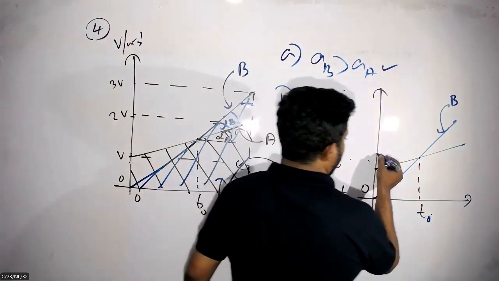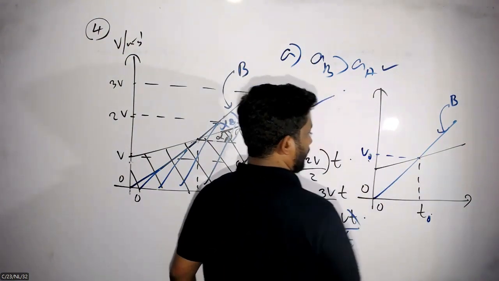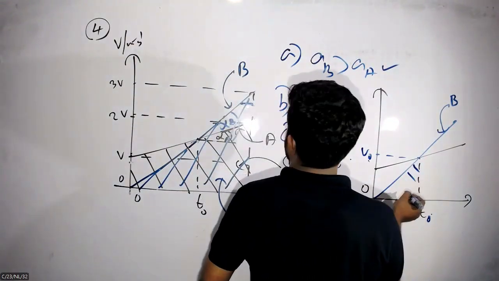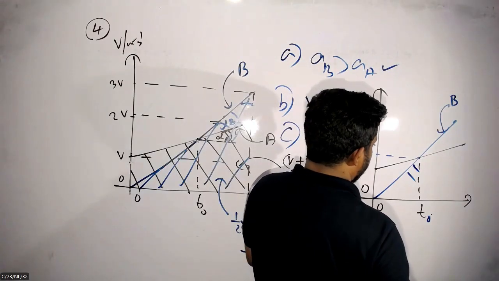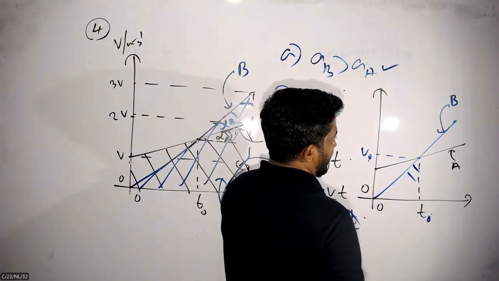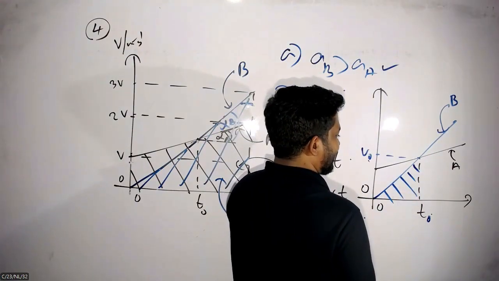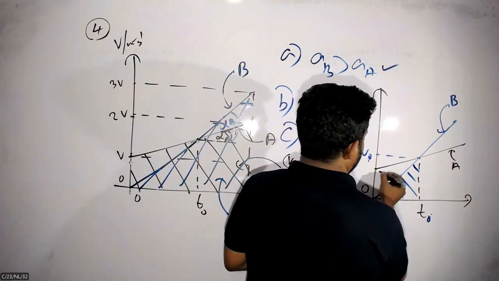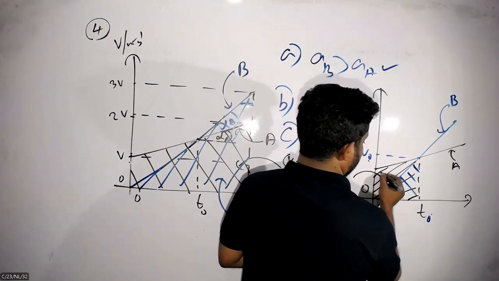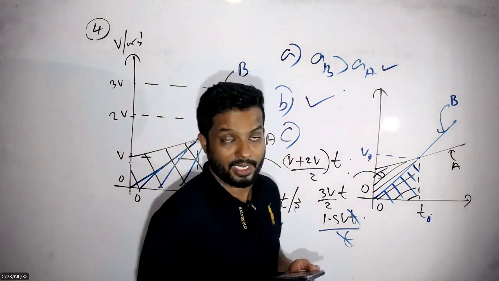There you can observe that at this point, velocities of both objects are equal. It is equal to V naught. But you can observe the displacement acquired by B. This blue color line is B, black color line is A, right? The displacement acquired by B during this time interval is less than the displacement acquired by the object A. This black color area is greater than the blue color area.